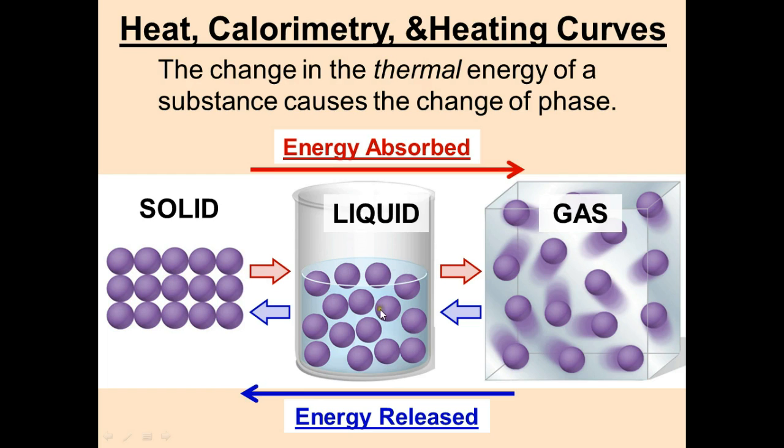And then if we heat up even more, it'll form a gas and bounce around like this. And that's when you absorb energy to go from solid to liquid to gas. And that's called endothermic reactions, just to remind you, energy is absorbed. Exothermic is the opposite, with gas to liquid to solid. And so you slowly release energy and the particles get closer and closer together to form a solid.